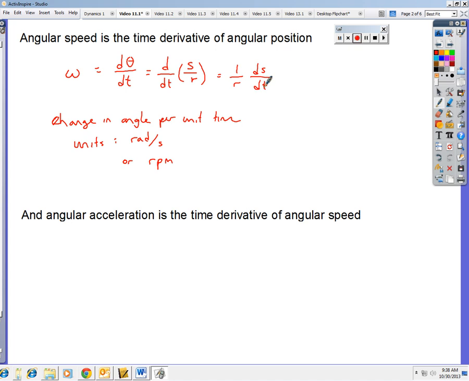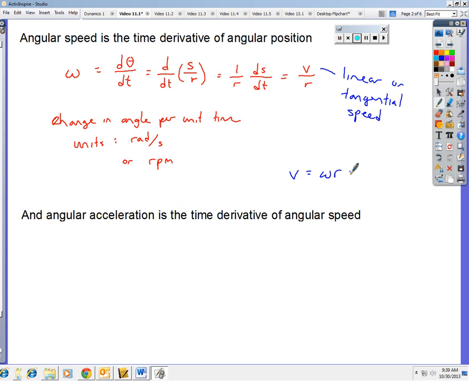And there we have the derivative of position versus time. ds dt is just the linear speed v. So linear speed or tangential speed, that's what we normally mean if we use the word speed or velocity without a modifier. And omega equals v over r, or v equals omega times r. That's a useful thing to know.